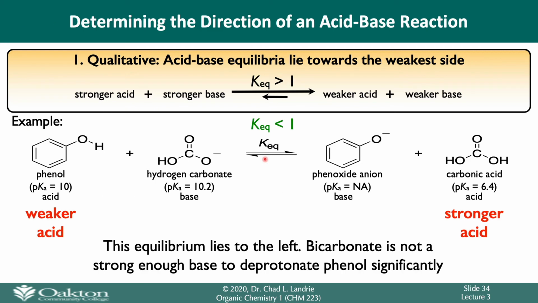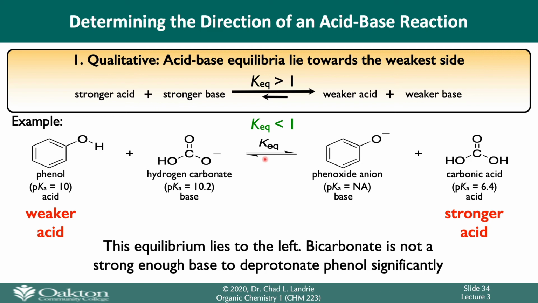All right, so one thing to keep in mind is that this equilibrium, we can tell right away, lies to the left. And that's because equilibria always lie towards the weaker side. Right? That seems strange. We don't associate weak with a lot. But weak, remember, really means low energy.